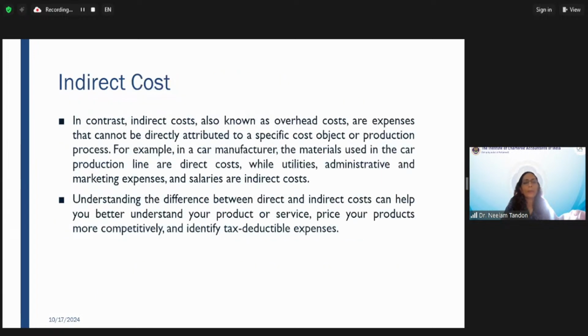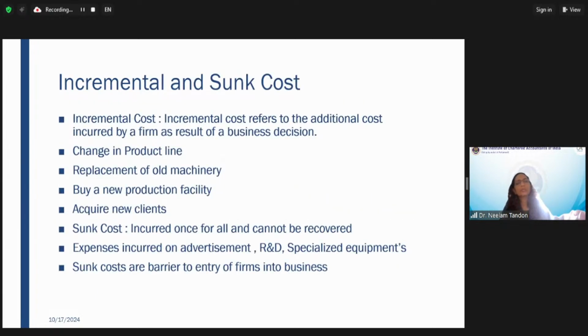Okay. Then incremental cost. Incremental cost is the additional cost which you incur for business decision making. Business decision making can be anything, like deciding that I want to expand the production line, or I want to improve my existing machine.